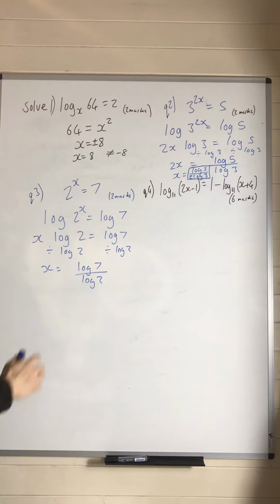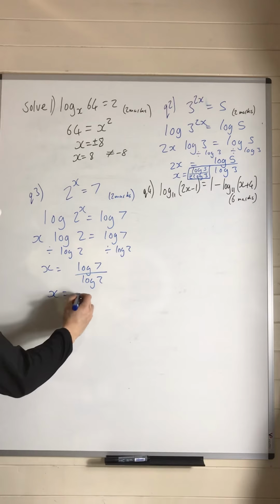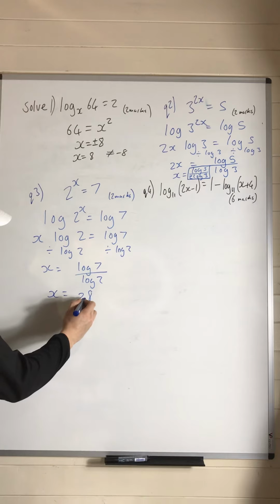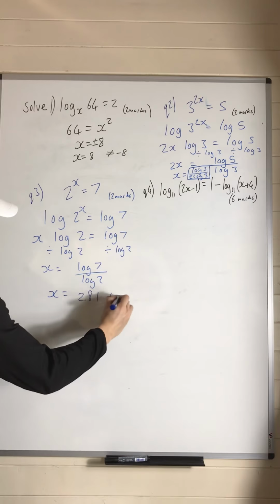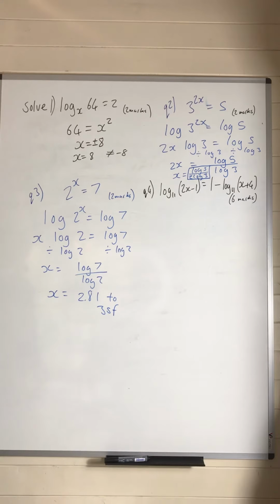If they want the exact value, this will give the exact value, and if they ask for it to 2 or 3 significant figures, then you'll just use your calculator to work this out, and x would equal 2.81 to 3 significant figures. That will get you your 2 out of 2 marks.